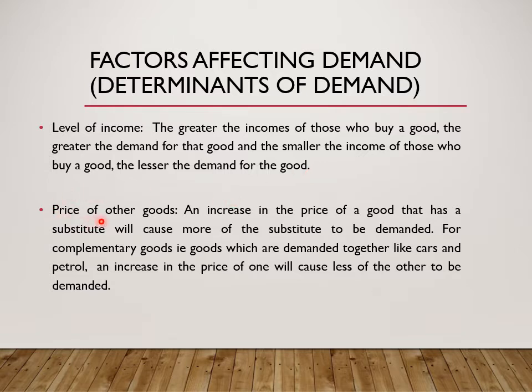The next determinant is price of other goods. So the price of other goods affect the demand for a good. And how does this happen? An increase in the price of a good that has a substitute will cause more of the substitute to be demanded. We look at an example.